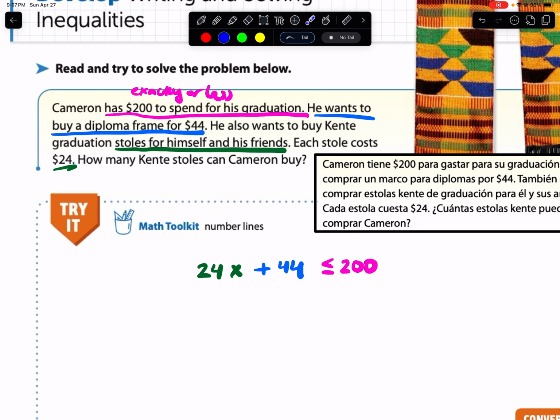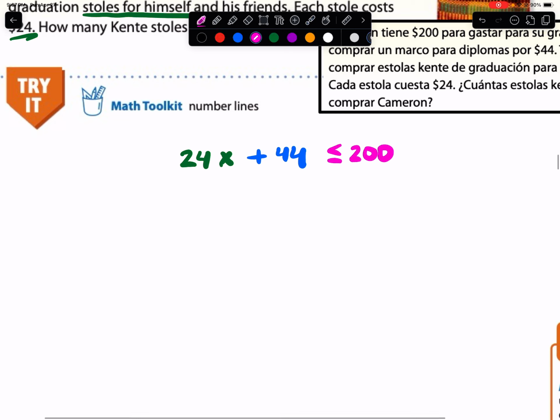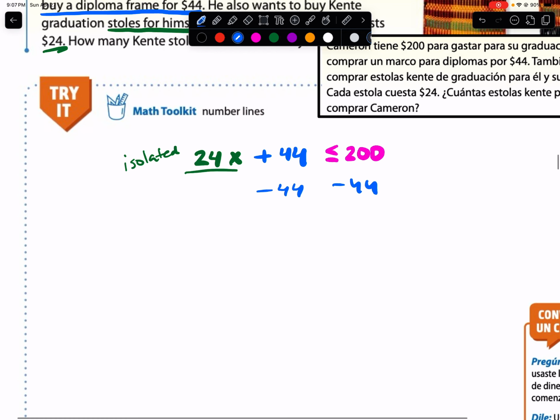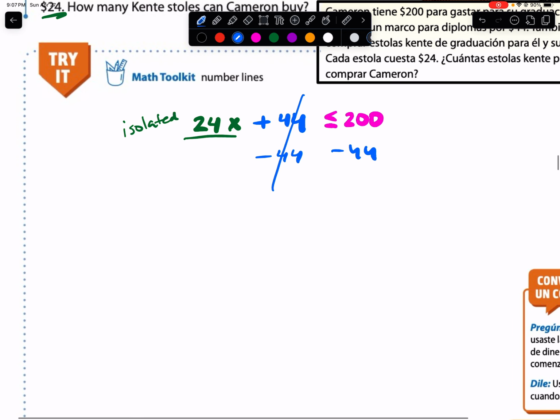Okay, so let's solve this here. I know that I need to subtract 44 from both sides because that 24x needs to be isolated. So 200 minus 44. Let me borrow. 156.